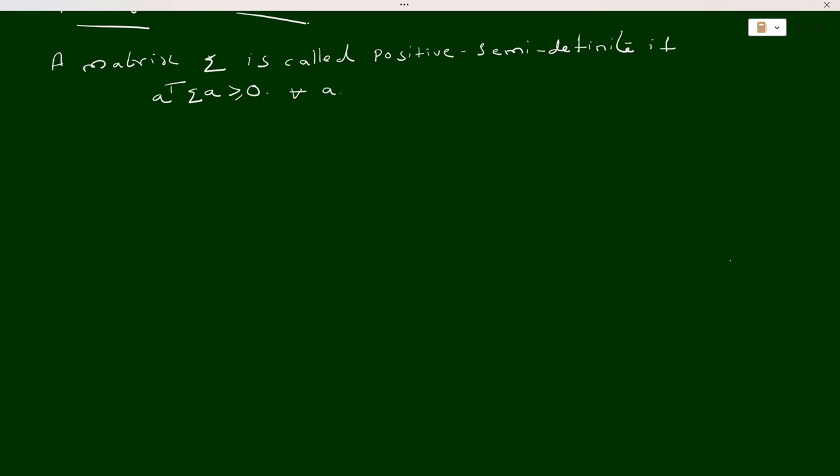Why does the covariance matrix satisfy this? So let us prove that.